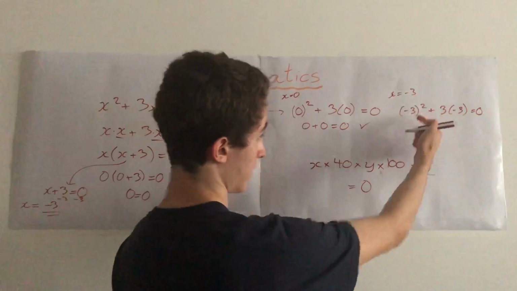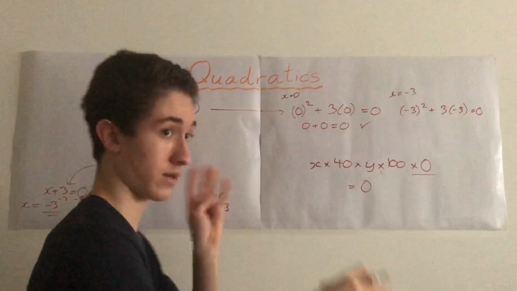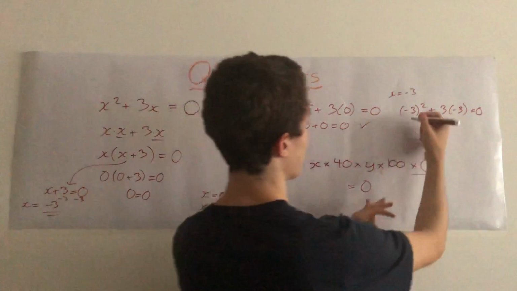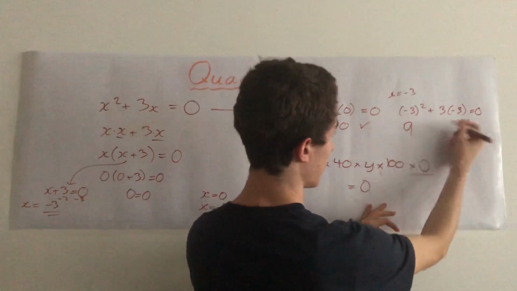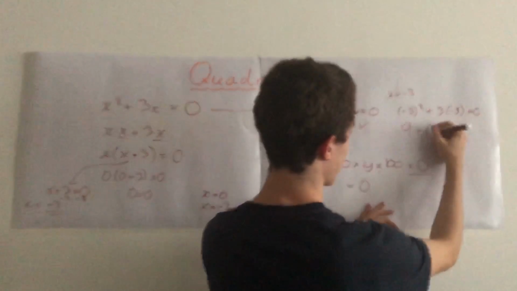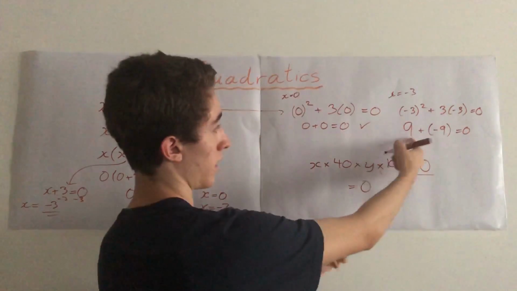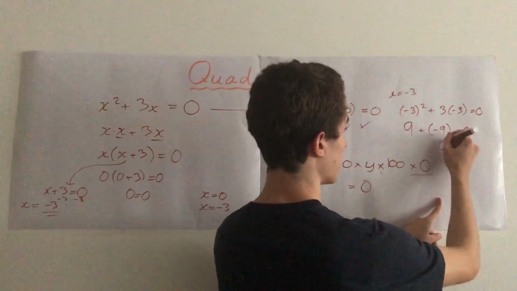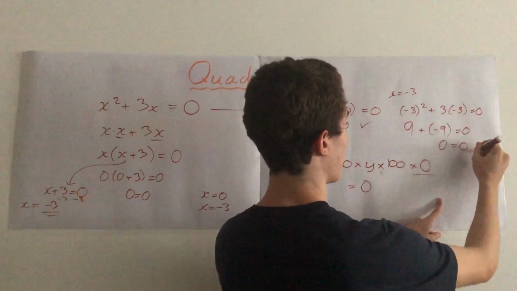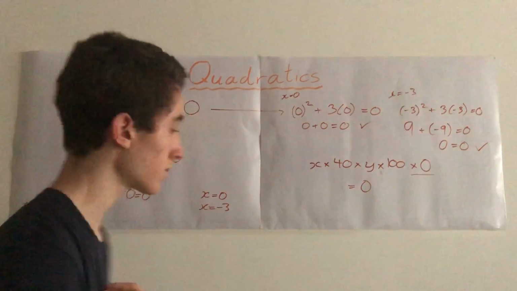Negative 3 squared is the same thing as negative 3 times negative 3, and important to note, negative times negative equals a positive, so this will equal 9, right? And 3 times negative 3 is negative 9, so plus negative 9 equals 0. 9 plus negative 9 is the same thing as 9 minus 9, which also equals 0. So our equation is true when x equals negative 3.